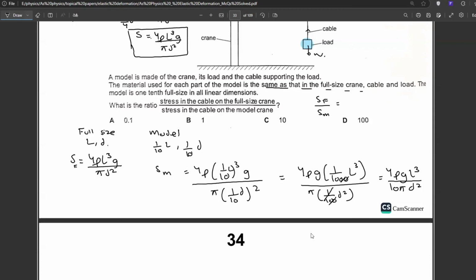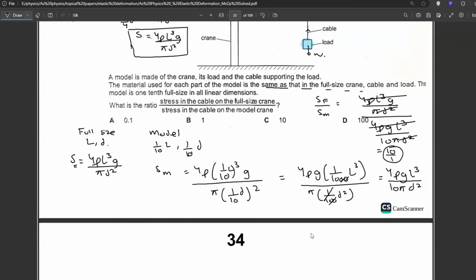What is the stress in full size? 4 density L cube g divided by pi d square, divided by 4 density g L cube over 10 pi d square. What will happen? This thing can get cancelled out with this thing. Pi d square gets cancelled out with pi d square. This 10 will come into the numerator. The answer comes out to be 10 ratio 1.